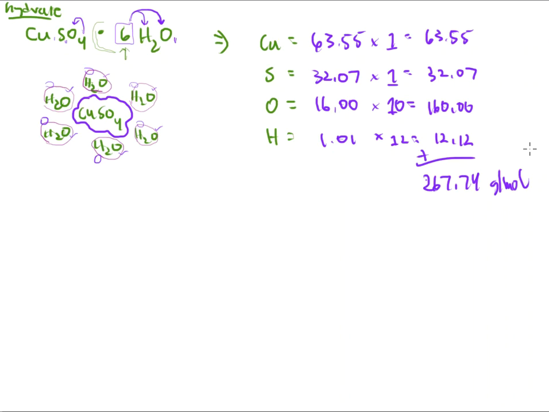So let's say I report 267.72 instead of 267.74. It's probably going to count that correct. You're close enough. So we're going to give you a small window of opportunity to give us a right answer, because depending on how you round and depending on the numbers that are actually on the periodic table, you might get a slightly different number. It won't be a big difference, but that's okay, and we understand that.